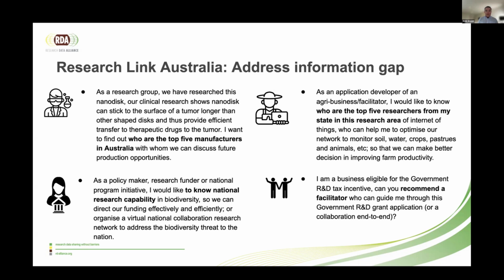At the same time, the policymakers want to know how this ecosystem works, where the gaps are, where we have collaboration, and where we are lacking that collaboration. And government wants to be able to improve this collaboration using tax incentives and other programs. All of those require insights into these collaboration points. So there are a lot of stakeholders in Australia looking at this concept of research industry collaboration.